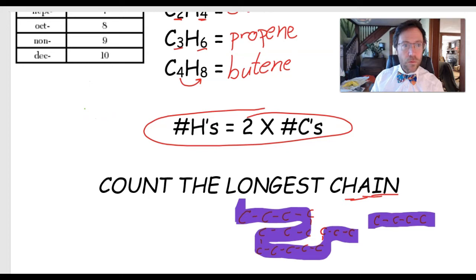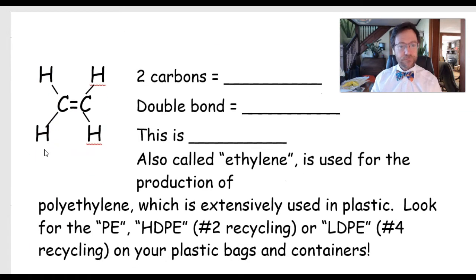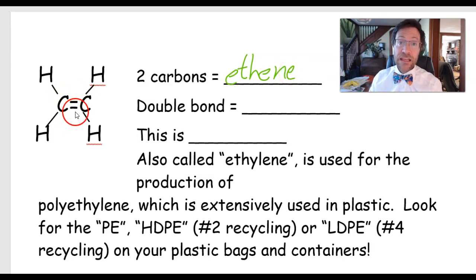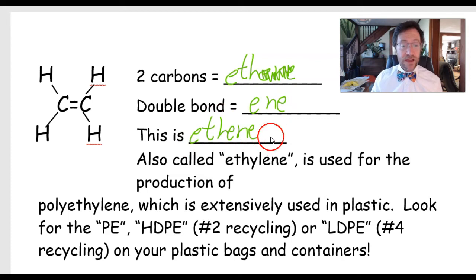All right, let's check out this one. 2 carbons. And look, there's a double bond, so that's going to be ene. This is called ethene. You have never dealt with ethene, but I guarantee you've seen products of ethene, right?